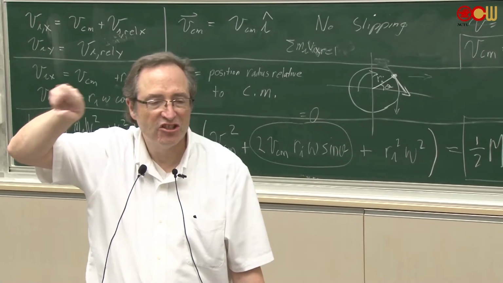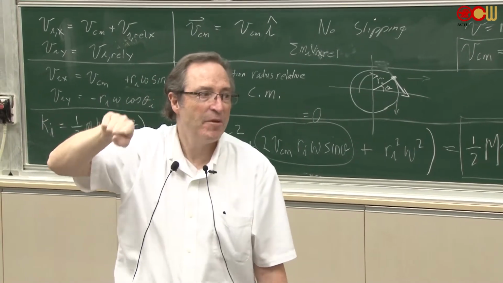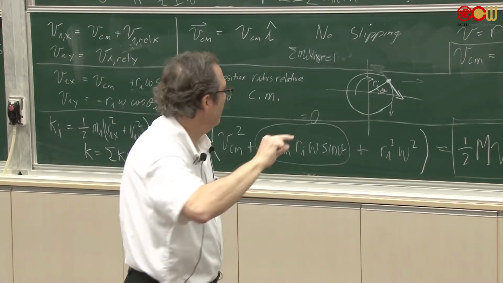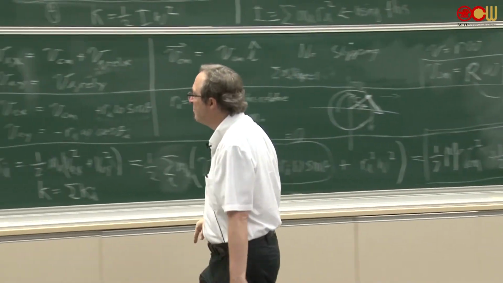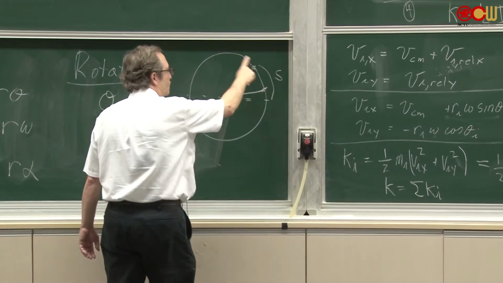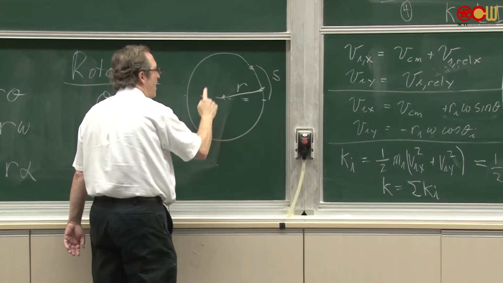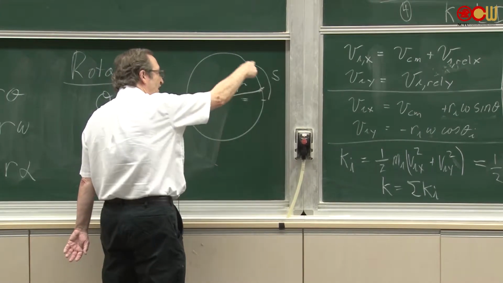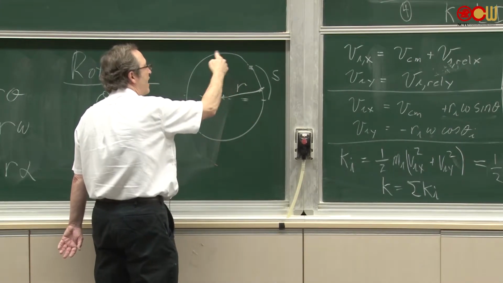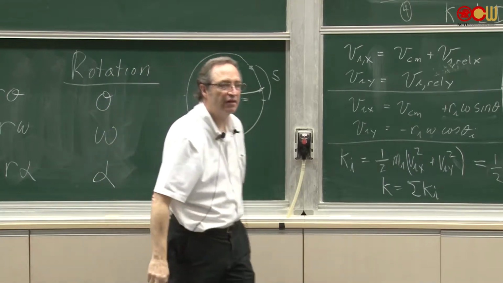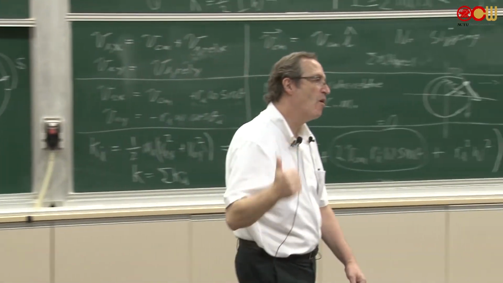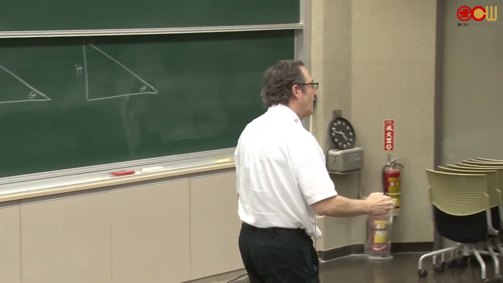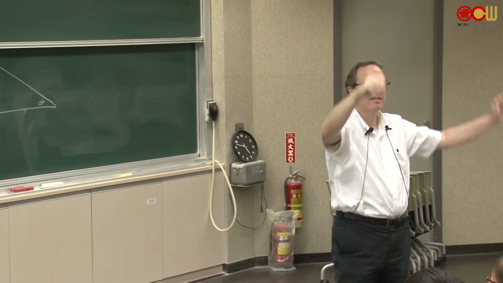When the mass is distributed inside, some of those masses have smaller r's, right? So some of them, if this is the circle, some of them that I'm adding up are down here. But if all the mass is on the surface, then they all have the same large r.